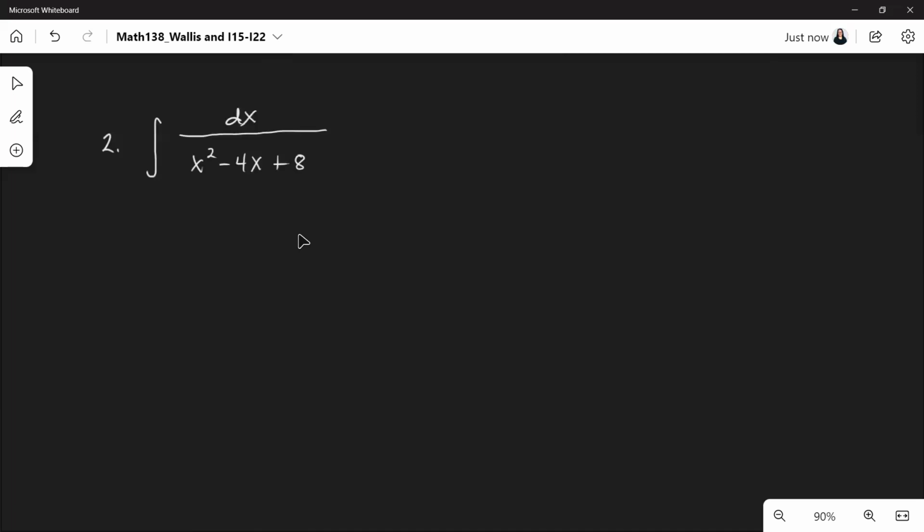Recall the special product formula: if you raise x minus y to the power of 2, it's the square of the first term, minus 2 times the product of the first and second terms, plus the square of the second term.